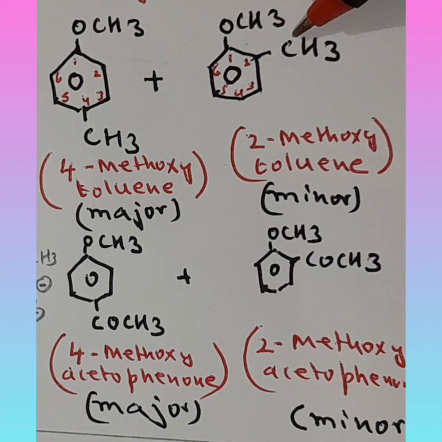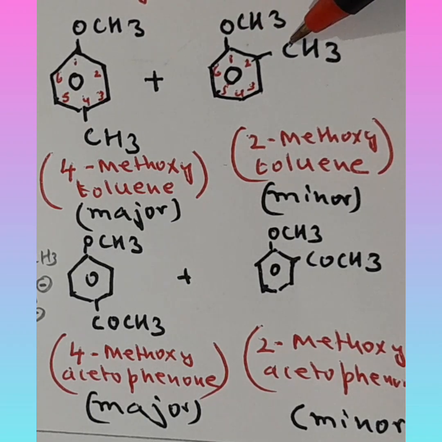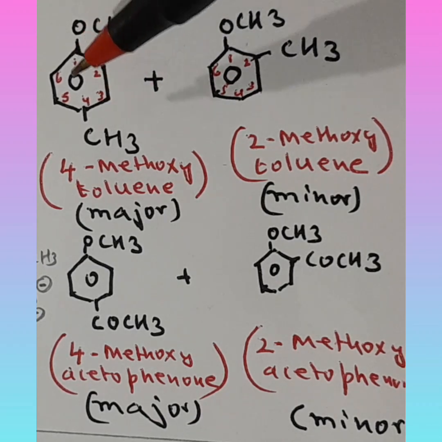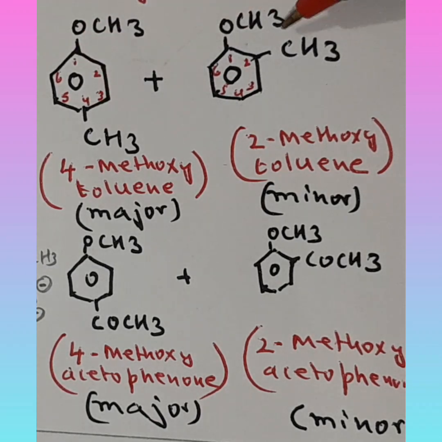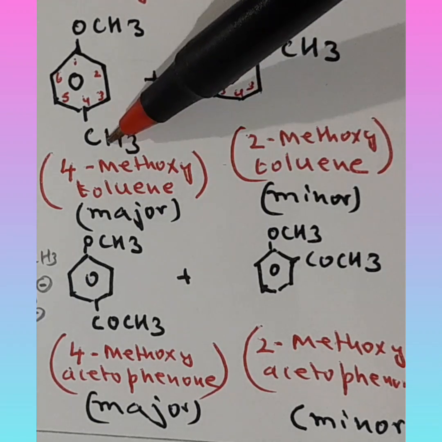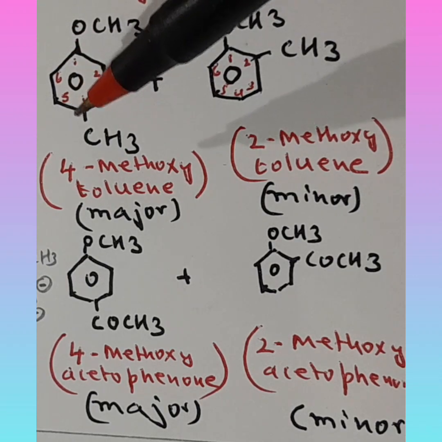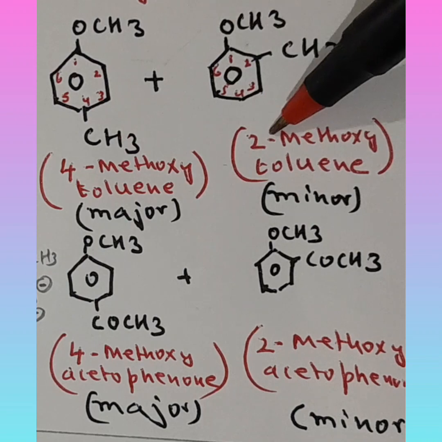So if this would have been major, then the electronic factor would have been dominant. But what we are finding is this is major, so it is the steric factor, the bulk size. Since this size is big, CH3 spread out, so it has gone there. So in this reaction, it is the steric factor which is dominant and not the electronic factor. That's why we ended up with major of 4-methoxy, not 2-methoxy.